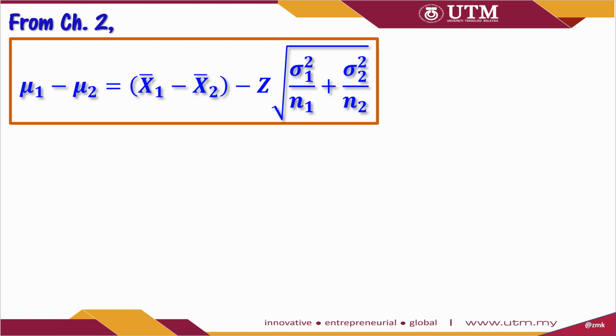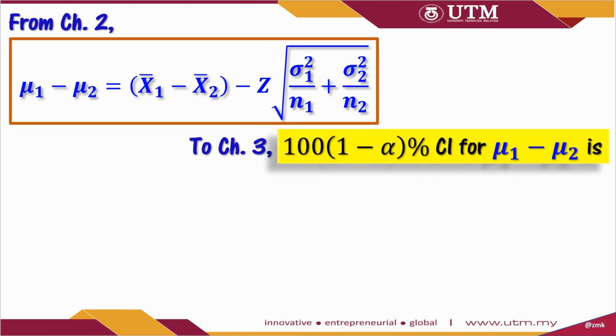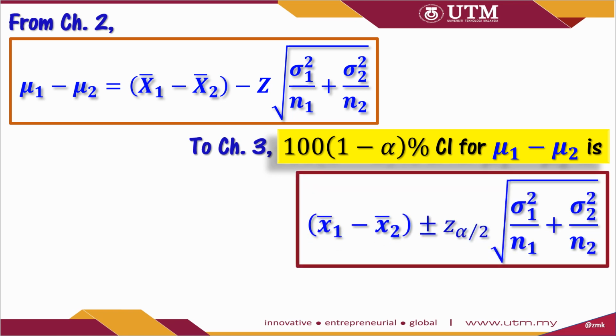By borrowing this expression, we now construct a confidence interval for the difference between two unknown population means, mu1 minus mu2. The two-sided 100 times 1 minus alpha % confidence interval for mu1 minus mu2 is then given by x bar 1 minus x bar 2 plus minus z alpha over 2 times the square root of sigma 1 squared over n1 plus sigma 2 squared over n2.